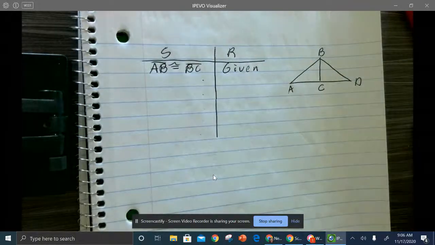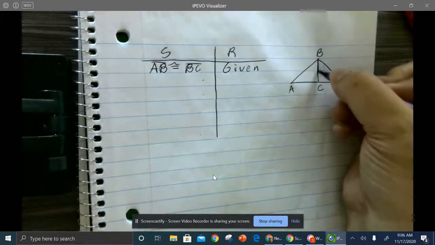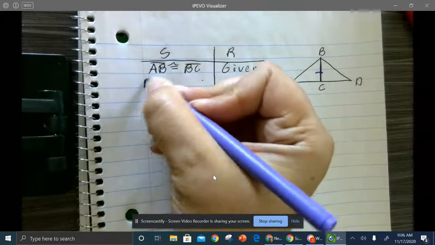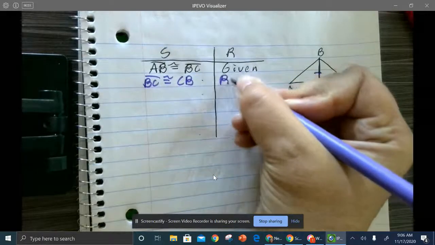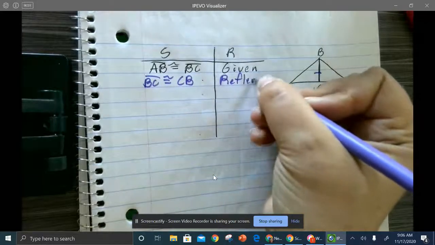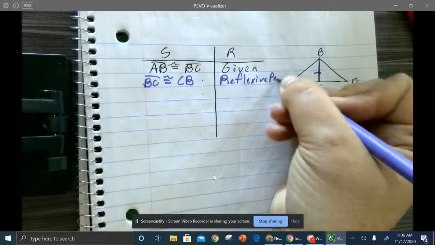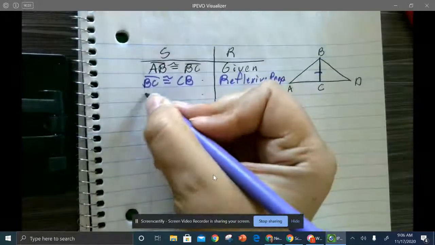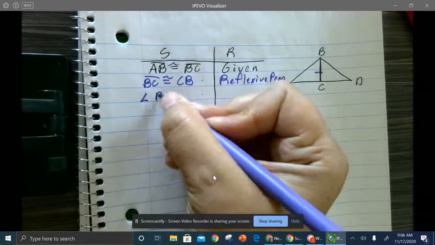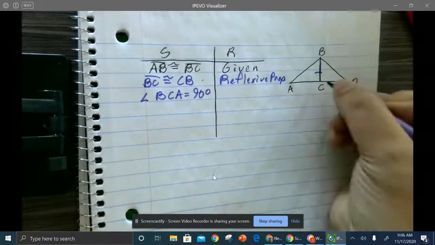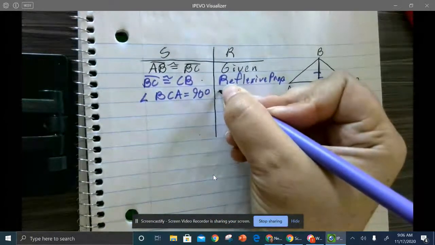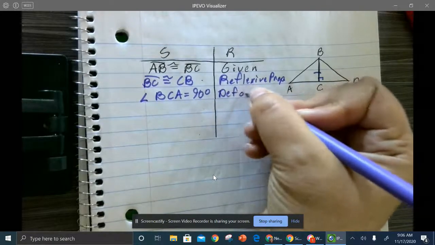Remember that shared side right here, okay? So BC is congruent to CB by a reflexive property. Angle ACB is 90 degrees. Okay, and that's by our definition of a right angle.